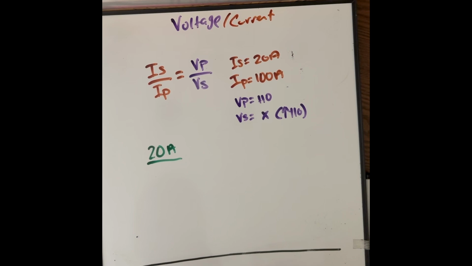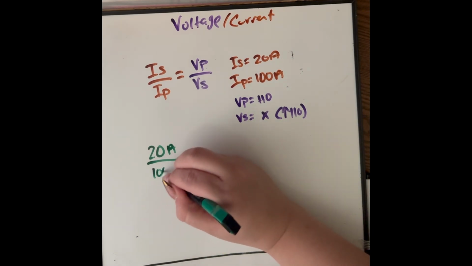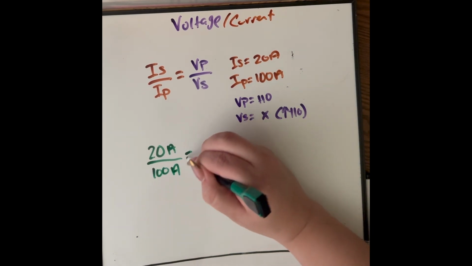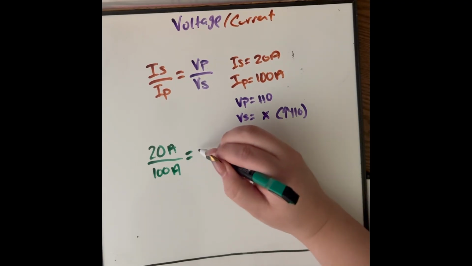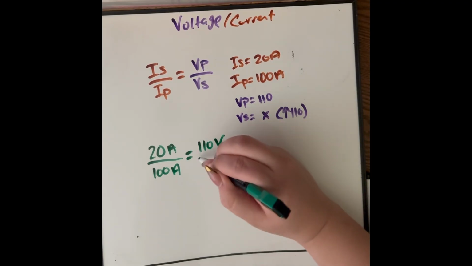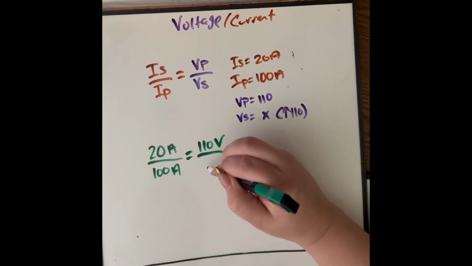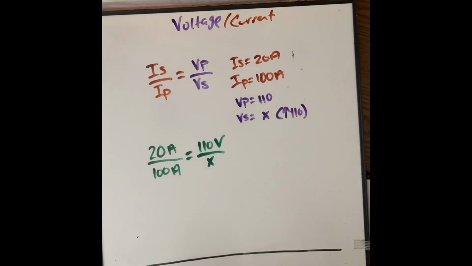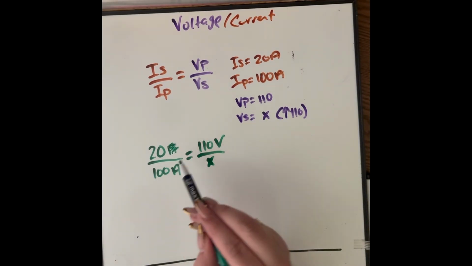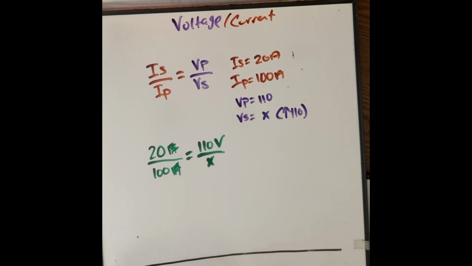My primary amperage was 100, because these A's are going to cancel out. My primary voltage is 110 volts, and I'm solving for my secondary voltage of X. Now we put all our numbers where they belong, and we'll just plug and chug. I like to already cross out these A's because we don't need them anymore. They're going to cancel each other out.